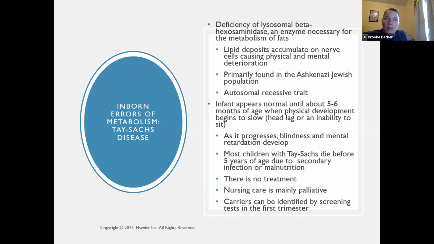They start having physical development deficits, and then it progresses to mental retardation and blindness. Kids with Tay-Sachs almost always die due to malnutrition or a secondary infection before the age of 5. There's no treatment for this. It's palliative care, so keeping them comfortable. Genetic testing can identify if people are carriers in the first trimester, and a lot of times that genetic testing is done.